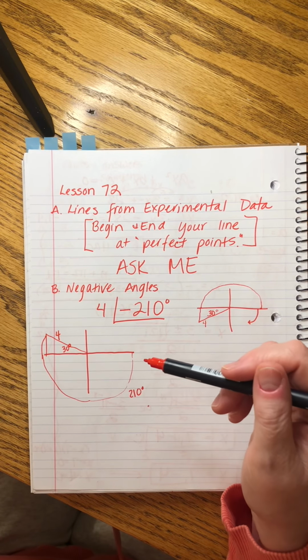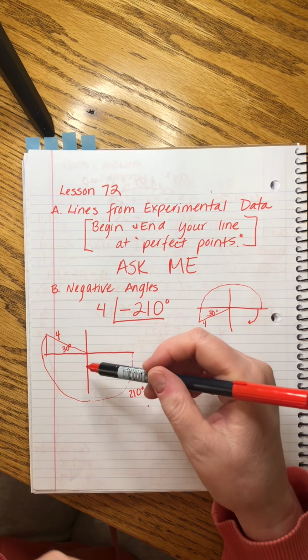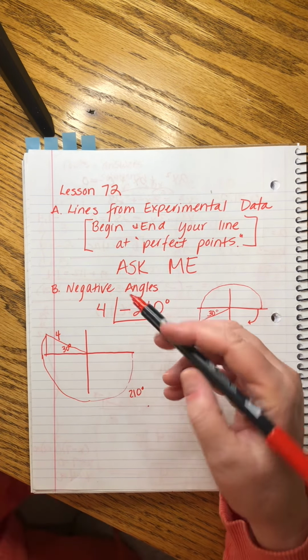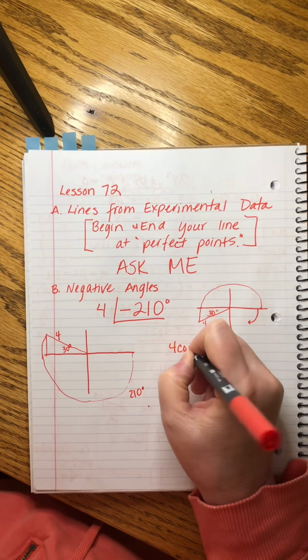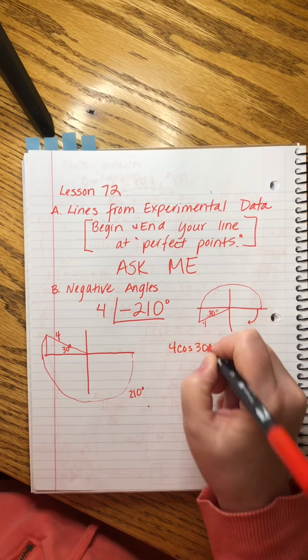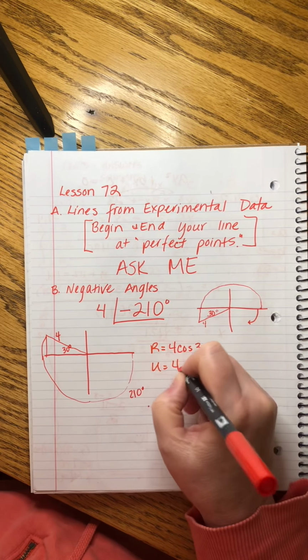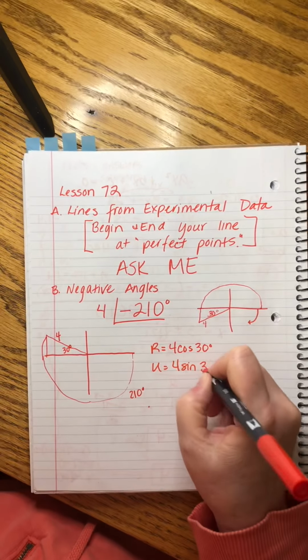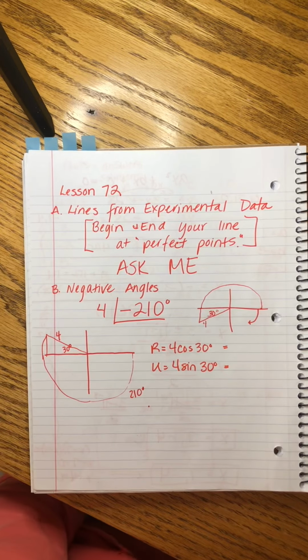So now I'm trying to find the rectangular coordinates for this, right? I know that it's going to be hypotenuse times the cosine of 30 degrees. That will give me my right value, and my up value will be 4 times the sine of 30 degrees. I use my calculator or look in the book.